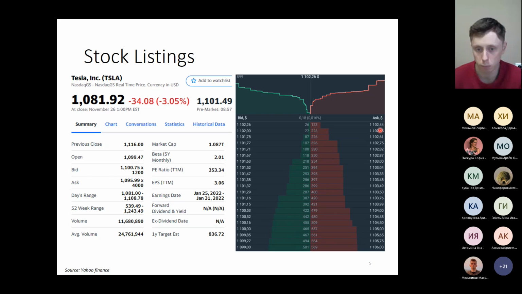Those are the limit orders that other investors send, either to sell stocks or buy stocks. And when you do this transaction, it's better not to hurry and to stay calm, because otherwise you might lose money during the transaction itself.